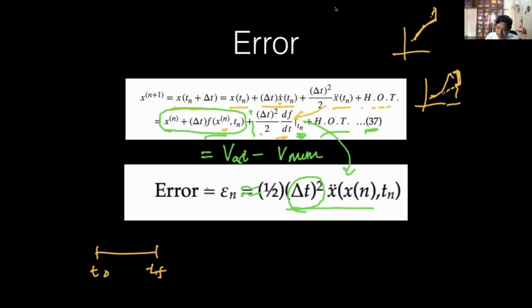Now, if I go from T0 to Tf, what happens to the net error? Okay, every time step I am getting this error. Now, will it be additive?